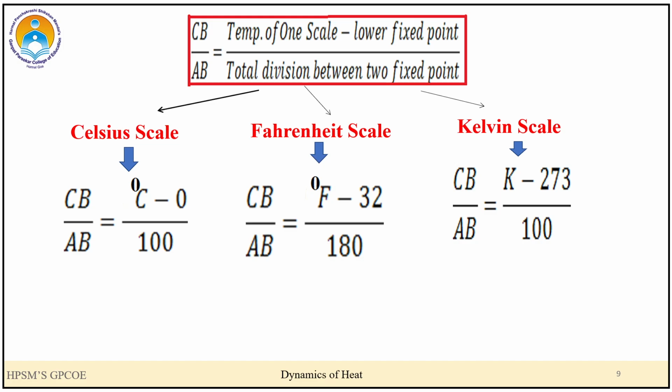In the Fahrenheit scale, degree Fahrenheit minus the lower fixed point, 32, divided by the total division between the two fixed points, 180. In the Kelvin scale, the temperature is denoted as a variable K minus the lower fixed point, 273, divided by the total division between the two fixed points in the Kelvin scale, 100.